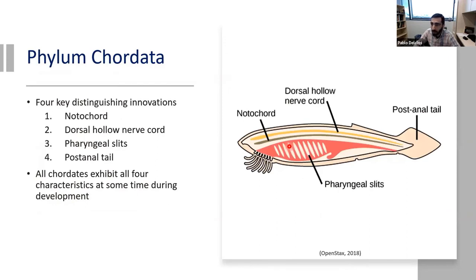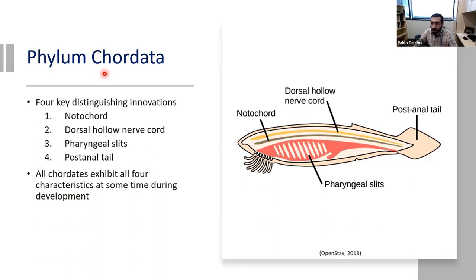And then the last one are the chordates, the ones that we might be most familiar with. Vertebrates are within chordata, but not all chordates are vertebrates, but all vertebrates are chordates. That might be important for you to know later.